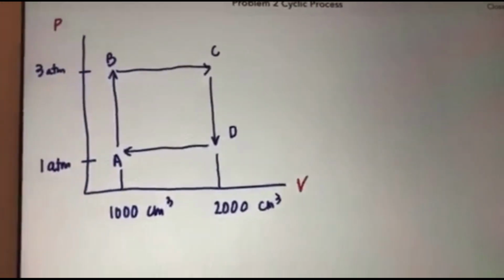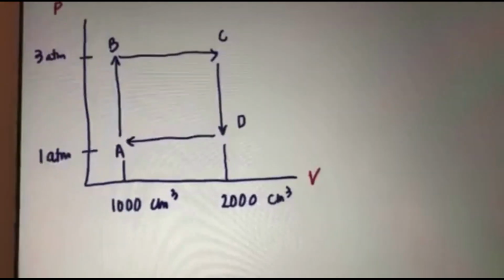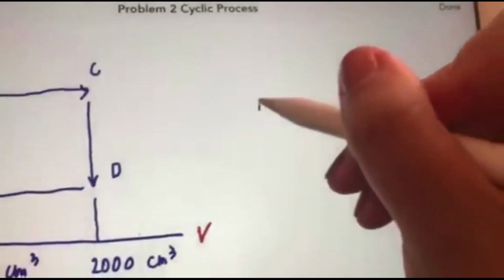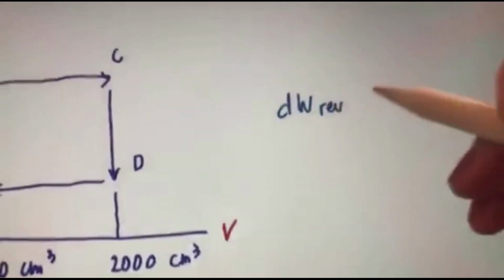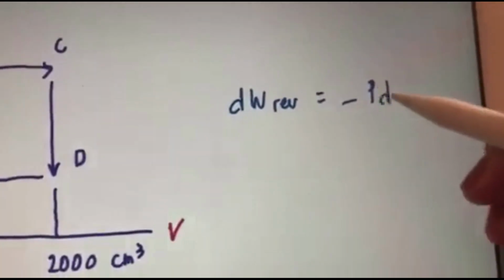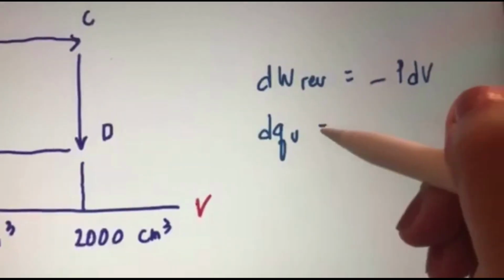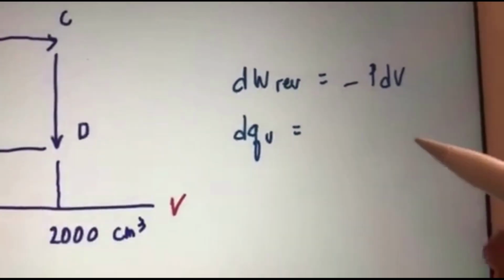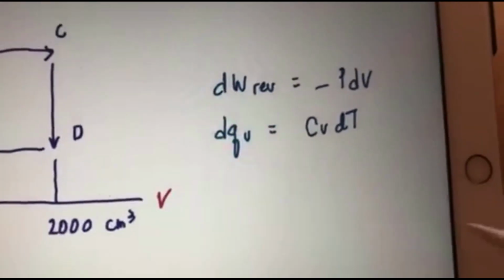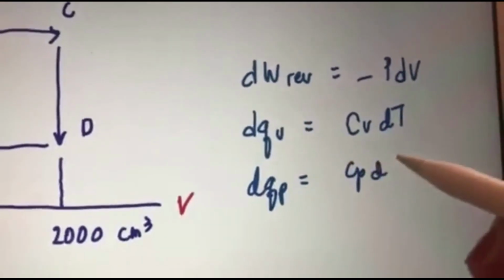Since we know the pressure varies in each step, and we know that the steps are reversible, we can solve by applying equations. dW reversible is equal to negative P dV. dQ at constant volume is equal to CV dT, and dQ at constant pressure is equal to Cp dT.